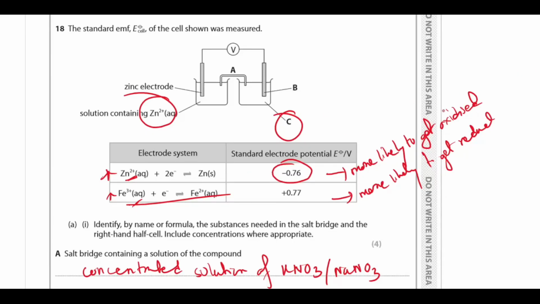Now we know oxidation means loss of electrons. So that means the equilibrium must be on the left hand side for this one, while for the other one the equilibrium should be at the right hand side, right? If we do the math, since Zn loses two electrons, and each Fe3 plus gains one electron, 2 moles of Fe3 plus will gain the two electrons in order to produce 2 moles of Fe2 plus.